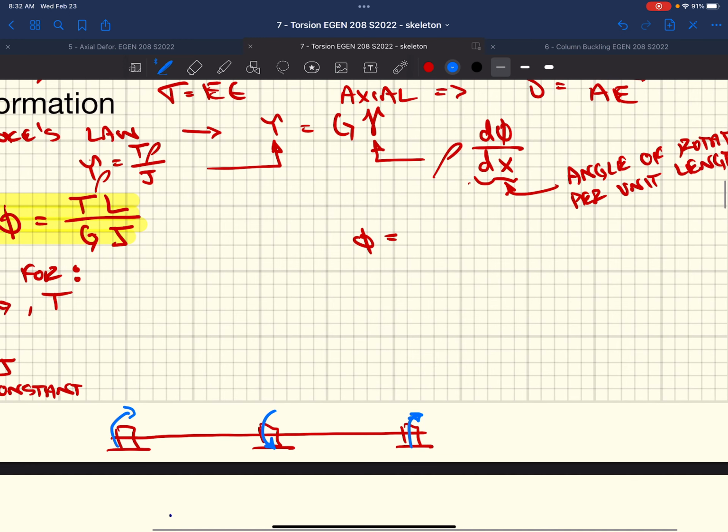So they give us a number of other variations of this equation.